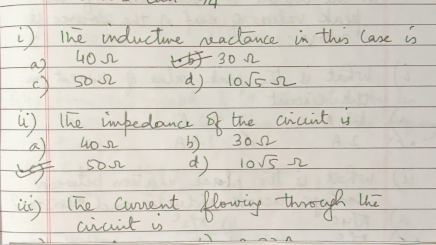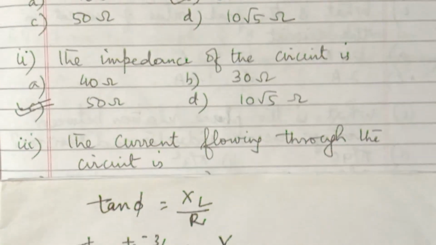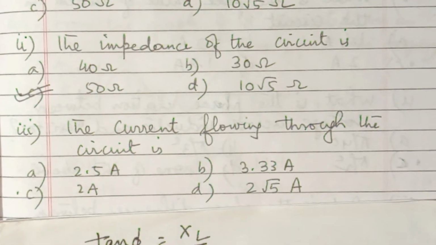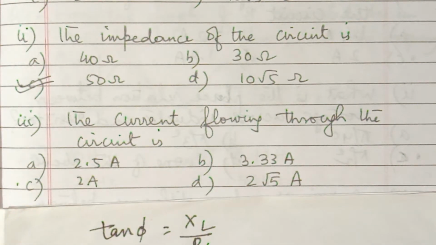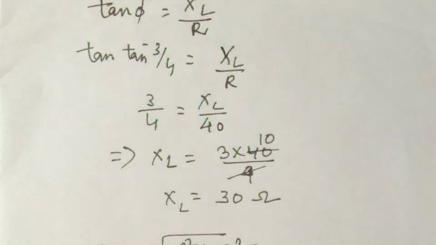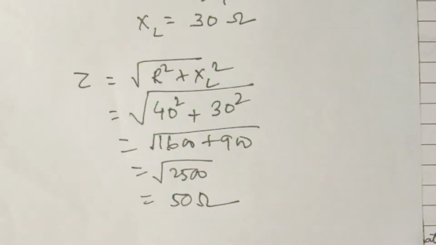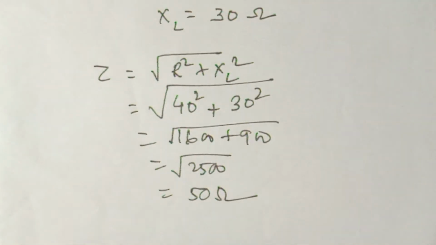Now the next question: the current flowing through the circuit. As the total impedance is 50, how do we find the current?